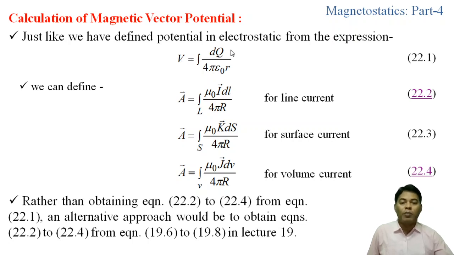Now, keeping in mind this equation, we can write the magnetic vector potential for the line current, which is given by 22.2. That means here V is replaced by A. Here A is the magnetic vector potential, equal to a line integral.